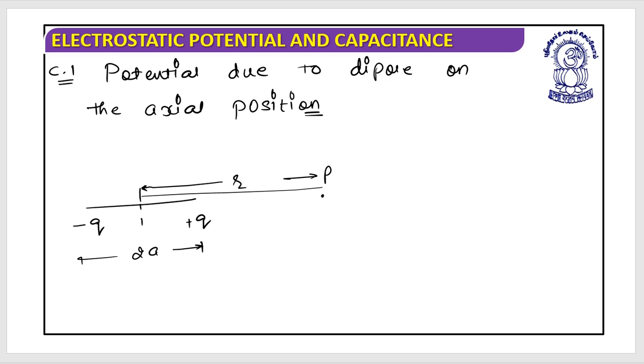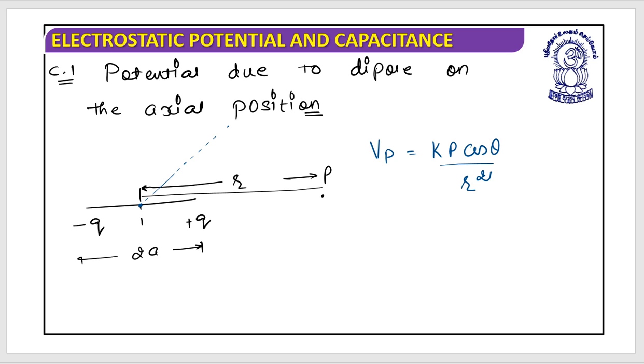You need to find out the potential. What can you do? Yes, V_P = k p cos θ divided by r², where θ is the angle between the dipole moment and the distance.